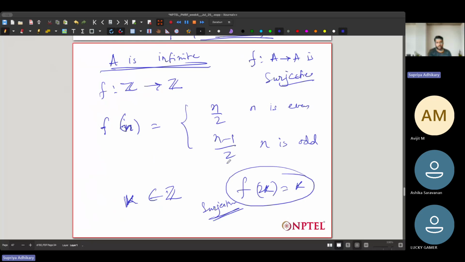So as you can see, if we consider 4 and 5, what is f of 4 and f of 5? f of 4 should be 2, since 4 is even. And if n is odd, and over here 5 is odd, then in that case it should also be equal to 2.